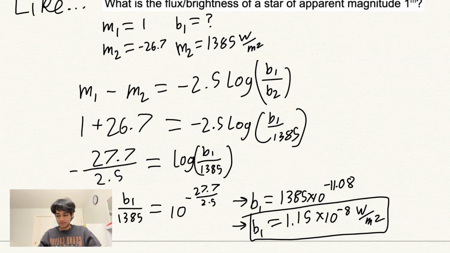I went ahead and did the rest of the calculations by myself, but from a calculator, we can get the answer as 1.15 times 10 to the power negative 8 watts per meter squared. And that's our answer. It's not very difficult. Just take the numbers that you're given and plug them into the formula. And when you're only given one piece of information and another star is missing, you can use our own sun as a reference.